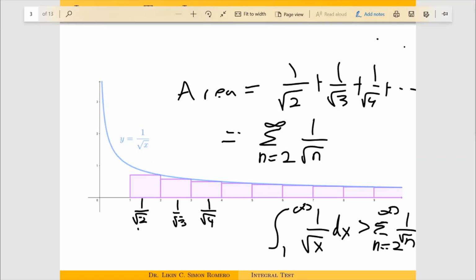Notice that the inequality in this slide goes the other way than the inequality in the previous slide. Thus, when we're comparing a series to an integral, we need to be careful about which way our inequality goes.